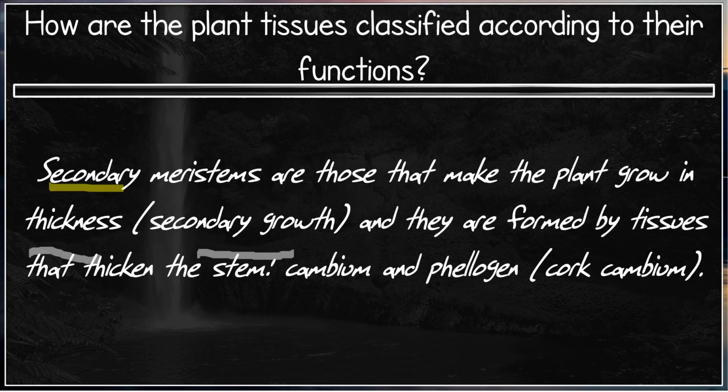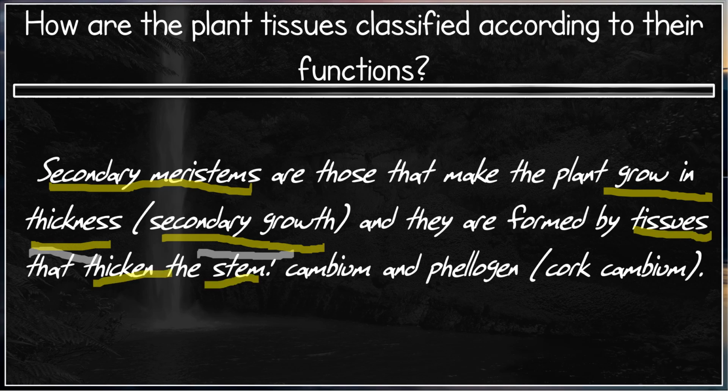The secondary meristems are those that make the plant grow in thickness, or what we call secondary growth, and they are formed by tissues that thicken the stem, that is the cambium and phellogen, or the cork cambium.